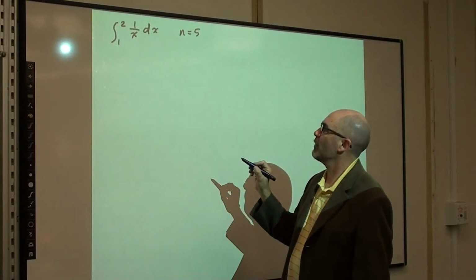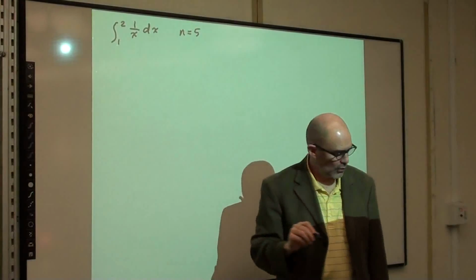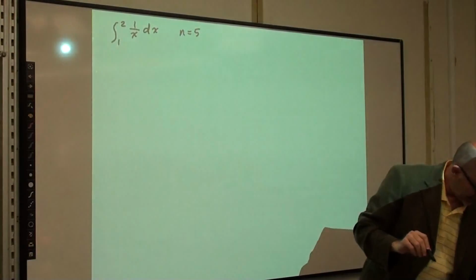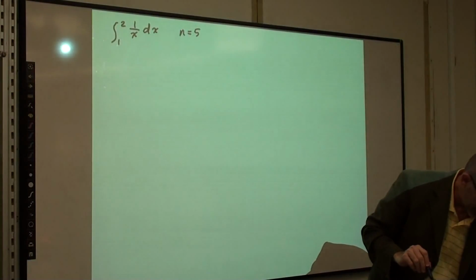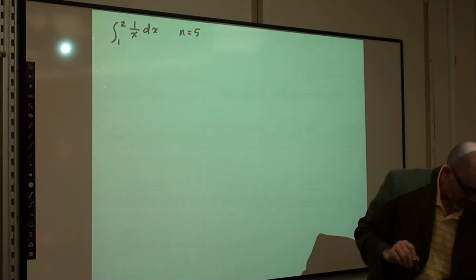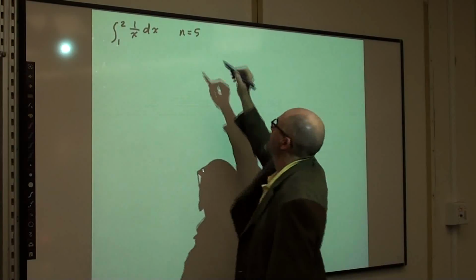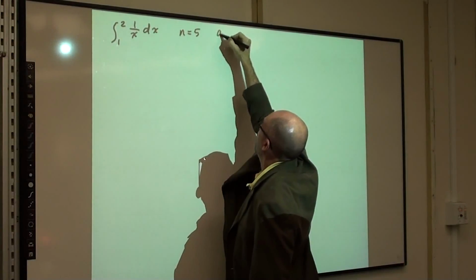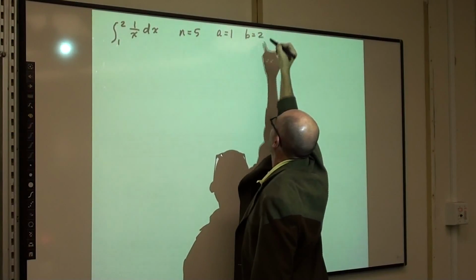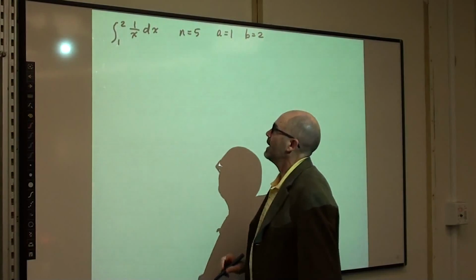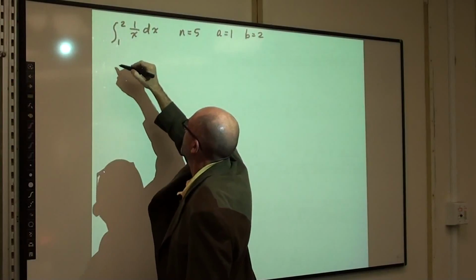So we're going to have 5 rectangles from 1 to 2, and let's see, what else do we need to know? That's it. Okay, so 5 rectangles, n equals 5, a is 1, b is 2. And so first we're going to do the midpoint.